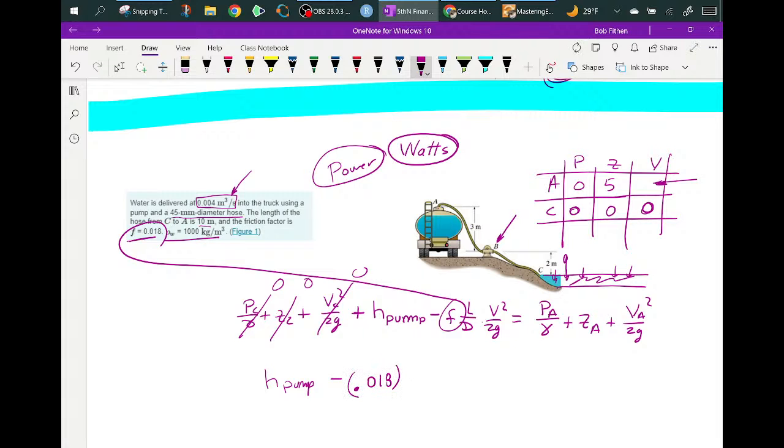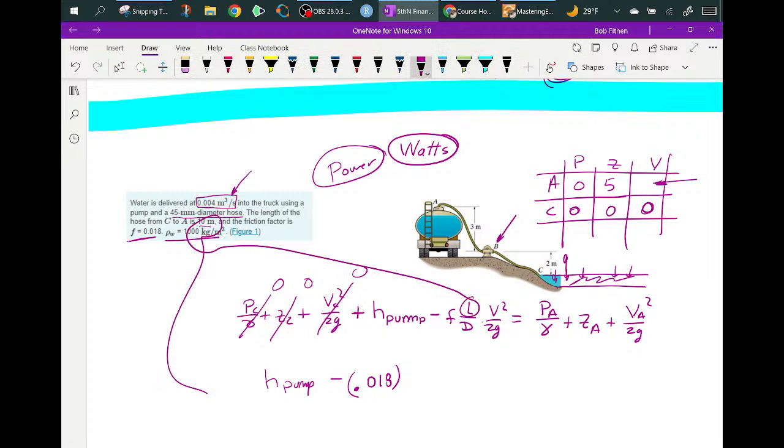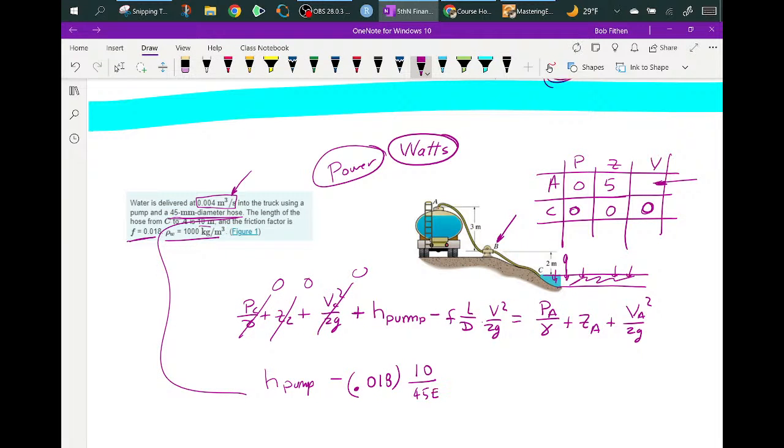F being 0.018, length 10 meters, diameter 45 e to the minus 3, velocity, don't know yet, 2 times 9.81.